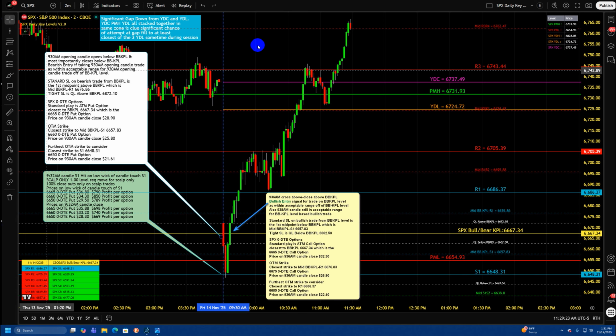However, the recommended time frame is the 2-minute chart for this particular strategy, which is an intraday, intra-session day trading strategy utilizing SPX index calls and puts. So we're buying calls on bullish entry signals and buying puts on bearish entry signals.